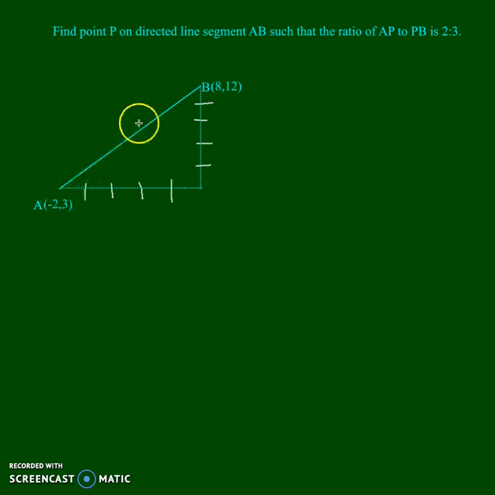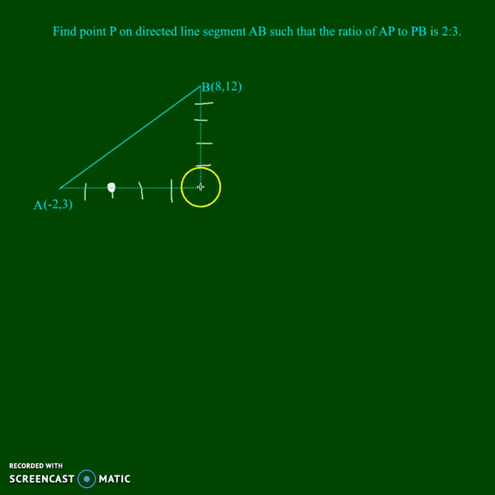So going from A to B, we're going to go in this direction to the upper right. So we're going to move to the right horizontally. And we have to move to the right 2 units. Well, here's 1 unit, 2 units. So the horizontal component of point P is going to be somewhere in that vicinity. Now we want the vertical component of point P. Since we're going from A to B, we're going to start at the y coordinate of A, which is this line here, and we're going to go up.